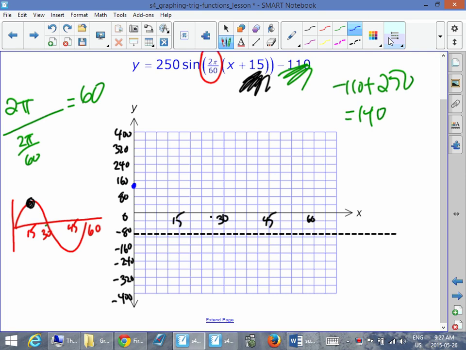So we're going to go right back on the axis at 15, which means at 30 we're at the minimum, which is negative 360. At 45 we're back on the axis, and at 60 we're back up at the max. So we're right here. So the graph, like the last one, is going to mimic a cosine curve based on the horizontal translation that takes place.